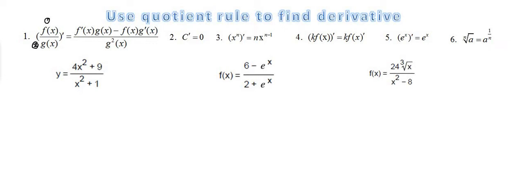Now let's take a look at the first function. We can treat 4x squared plus 9 as f(x), and x squared plus 1 as g(x). Now we can take the derivative.